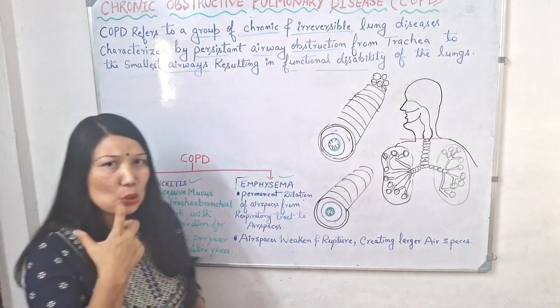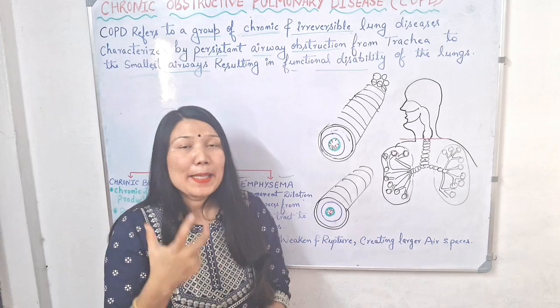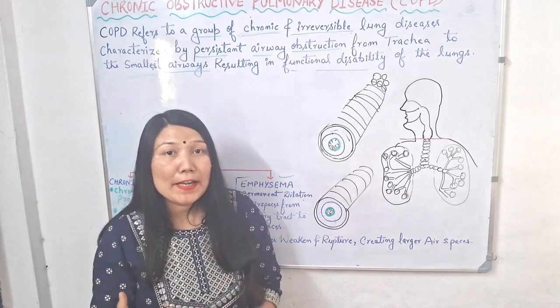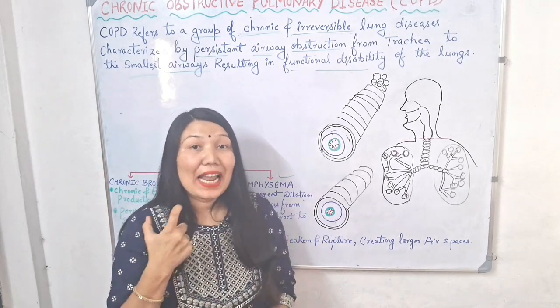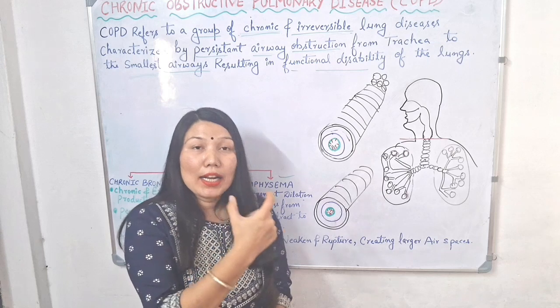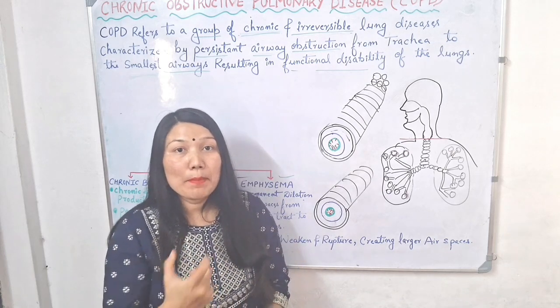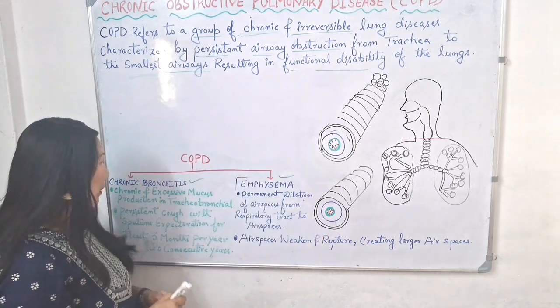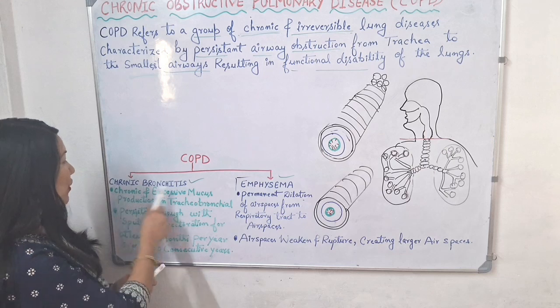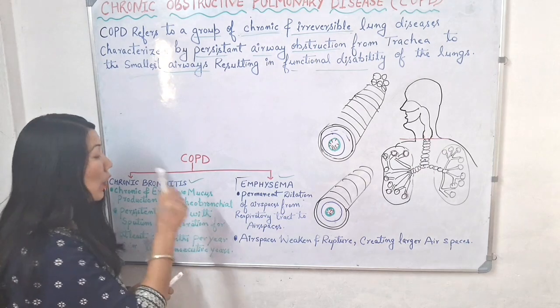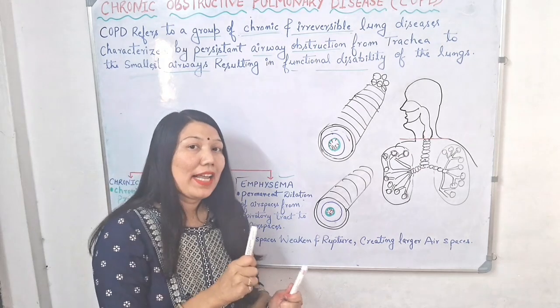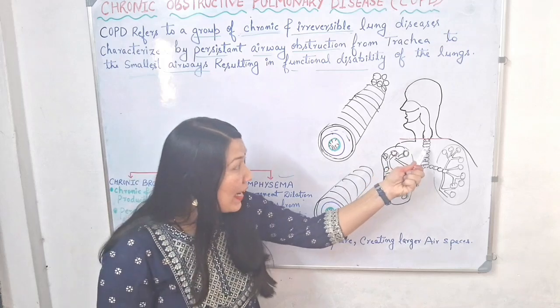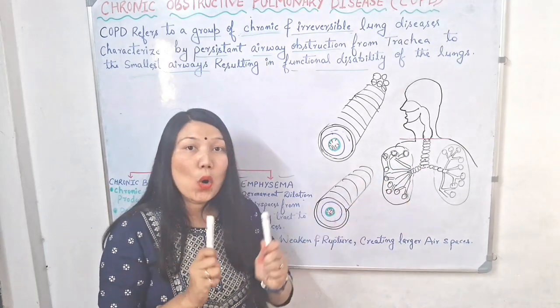So how will you know that the patient is suffering from chronic bronchitis? How will you diagnose chronic bronchitis? If there is chronic and excessive mucus production in the tracheobronchial region, because bronchitis happens in the trachea and the bronchus region only.